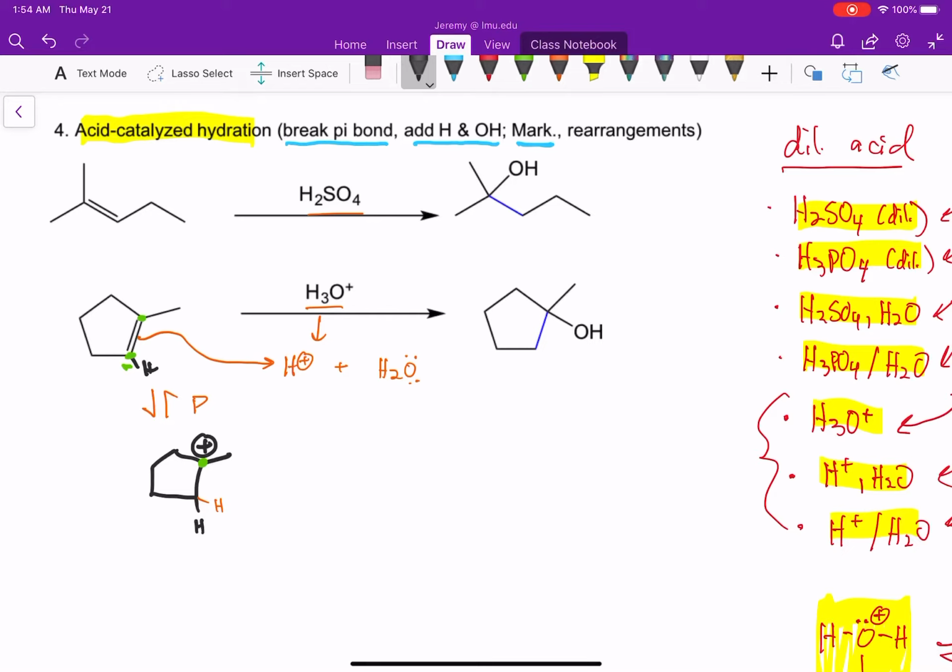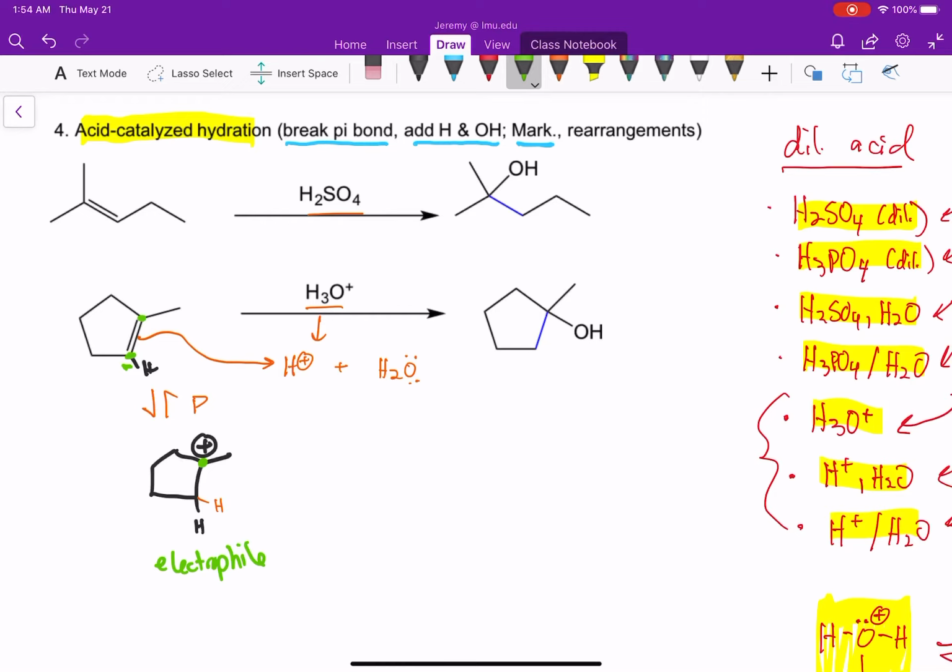This is a species that has a carbon that's missing a bond. It does not have a full octet. So we know that this species is a very good electrophile. Now we have to look at what is a good nucleophile.